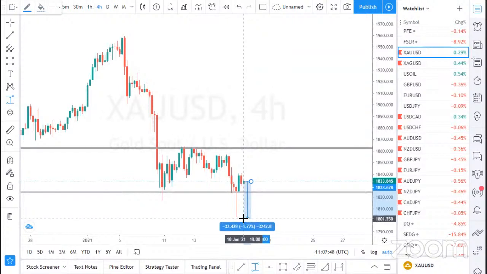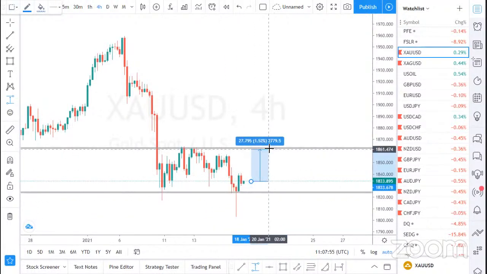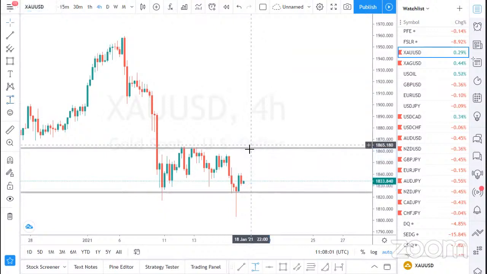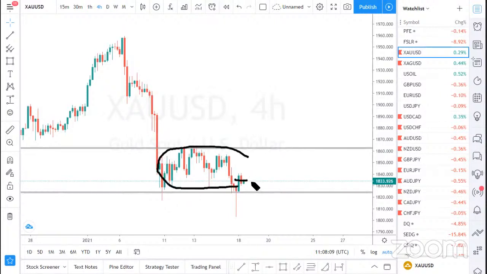So if I measure 1.75 from this structural low to this level, you can see it's even above the resistance structure right there. This is why I don't feel comfortable buying gold yet at this level. What I can figure out right here is a range market.